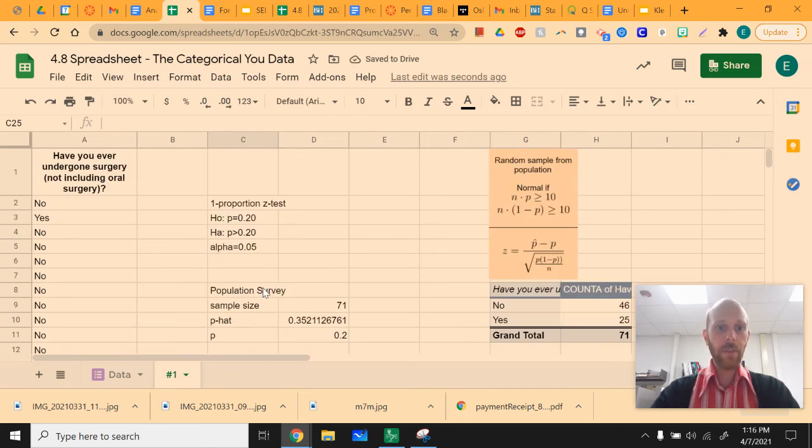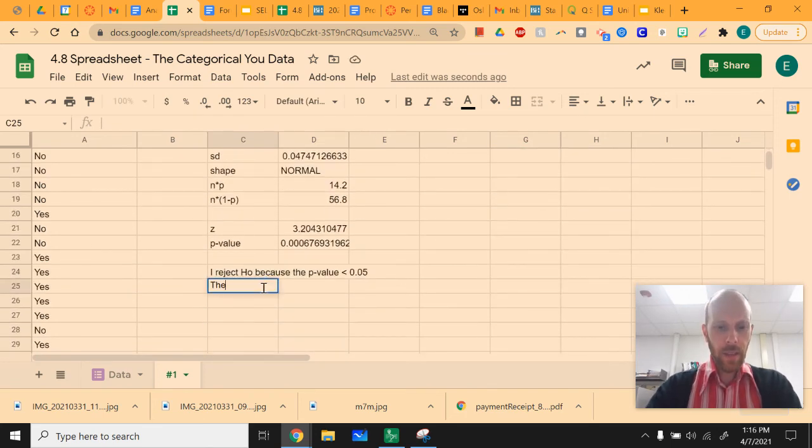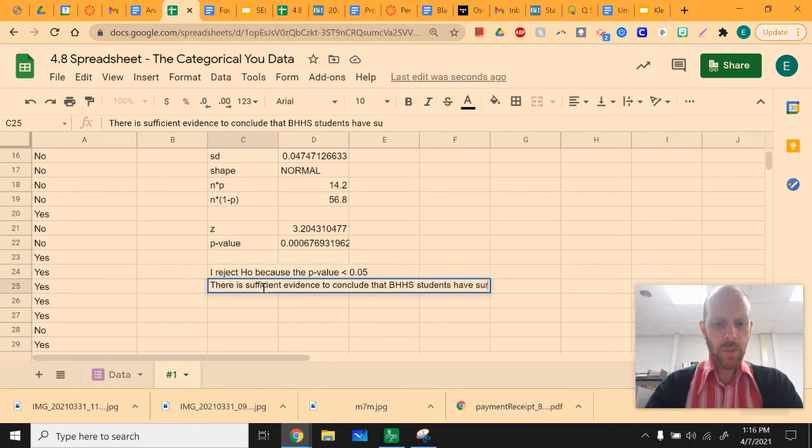Did I write our alpha in? I did. Okay. There is sufficient evidence to conclude that BHHS students have surgery at a higher rate than the national average for teenagers.